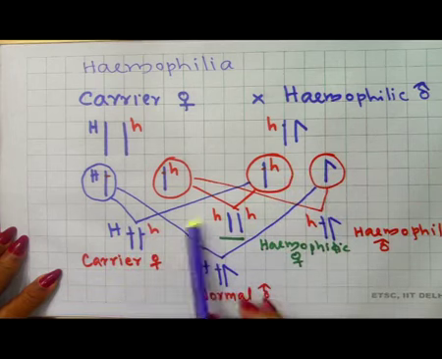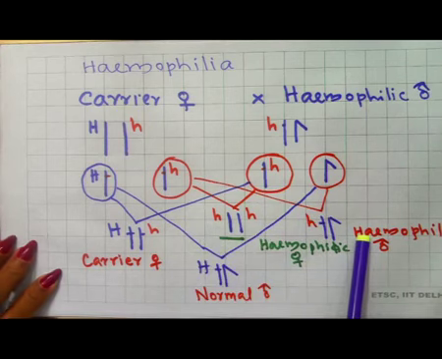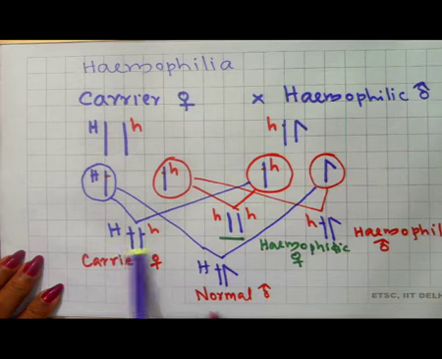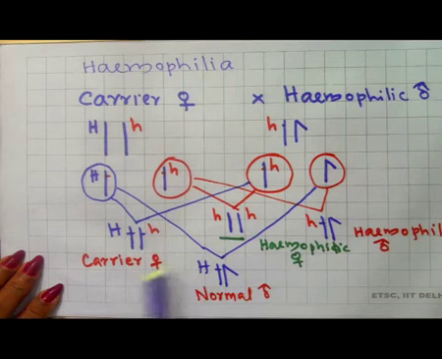You can see the random fusion of gametes and the possibilities among the progenies. In this particular cross, there is the production of a female individual with small h allele. So, it is a carrier female.